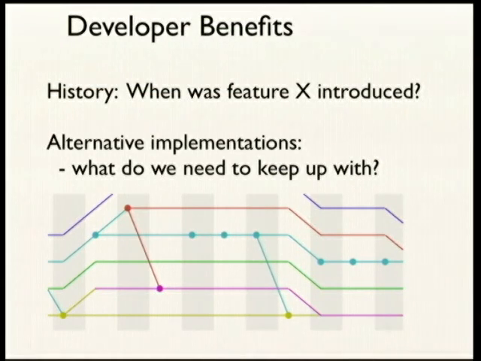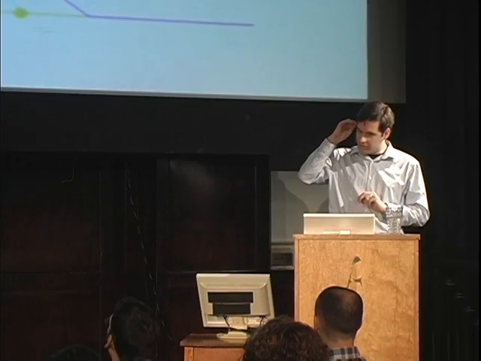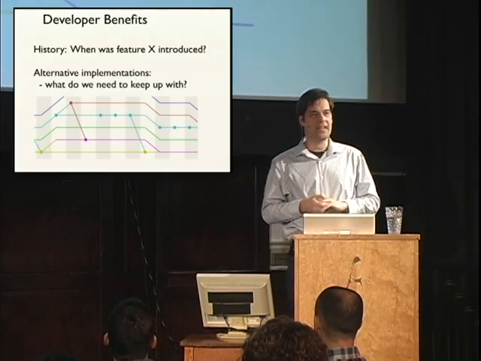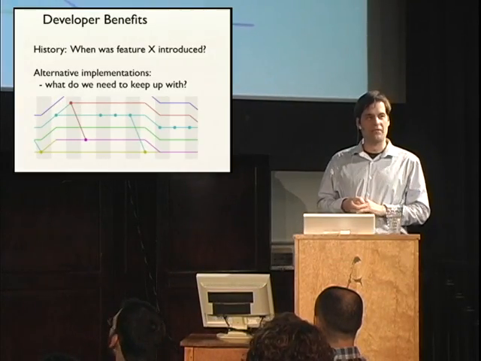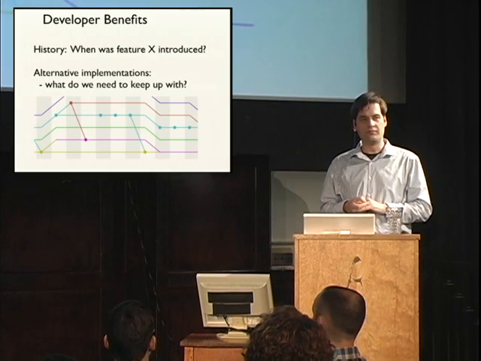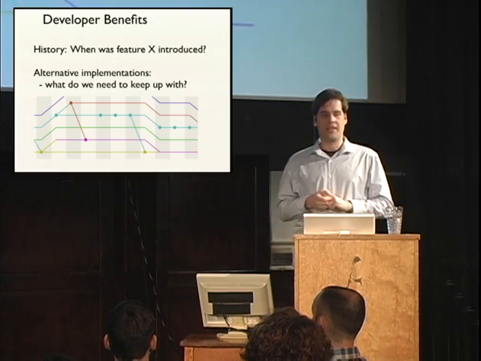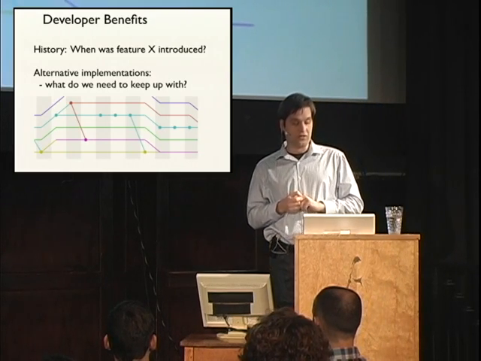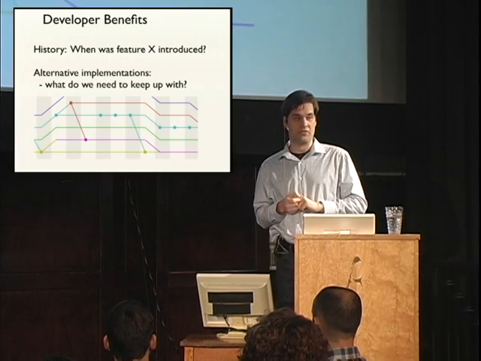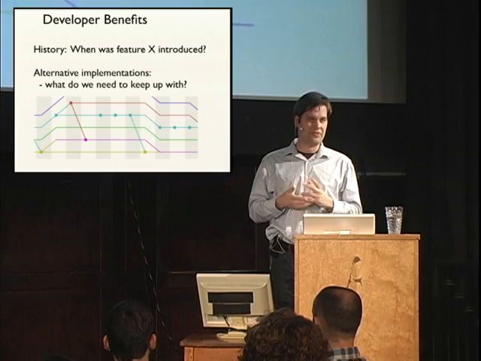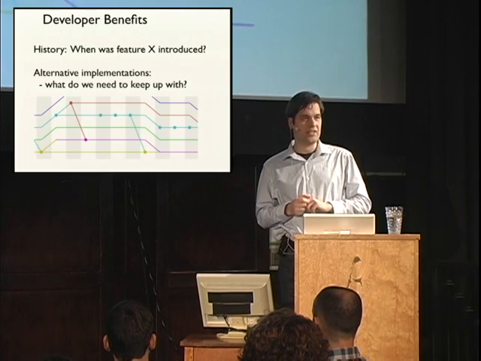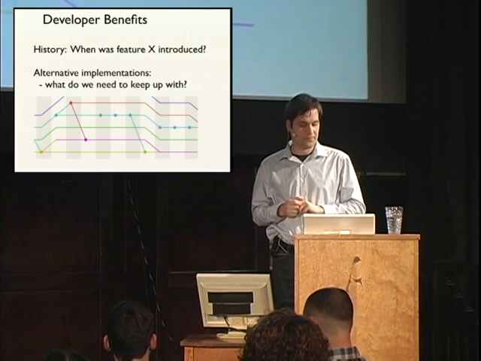First, it made it possible to answer historical questions about when feature X was introduced. A developer is certainly capable of exploring the version control logs to find out when a feature was first implemented, but that's time-consuming and boring, and it's much easier to scan a table of contents.